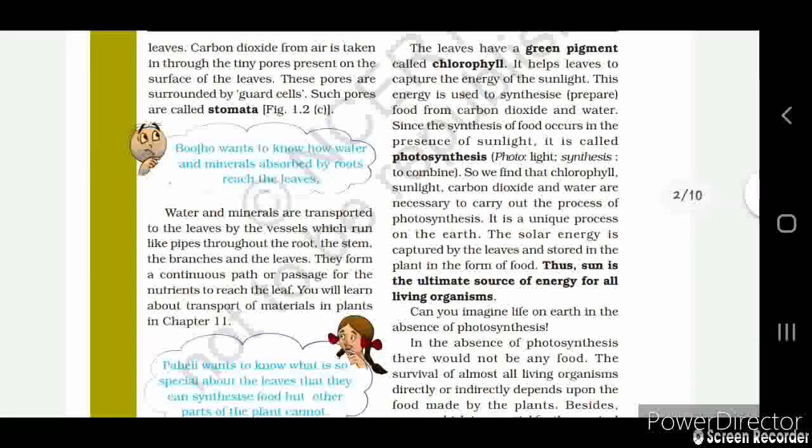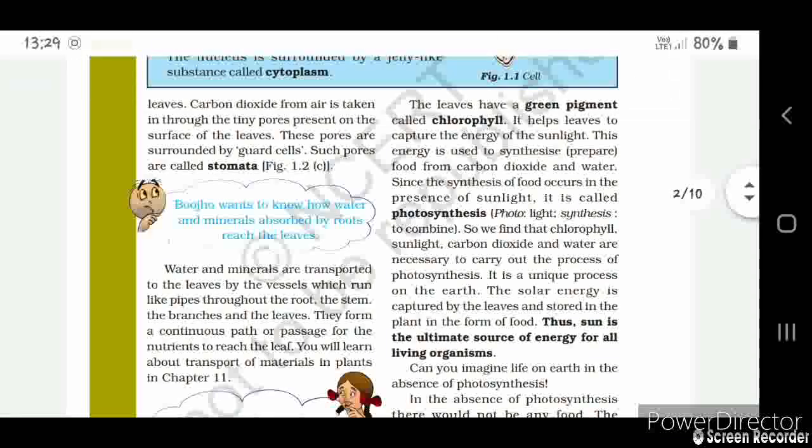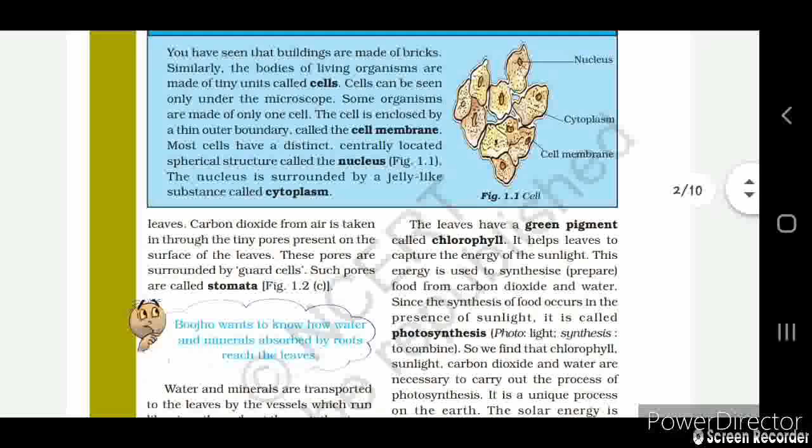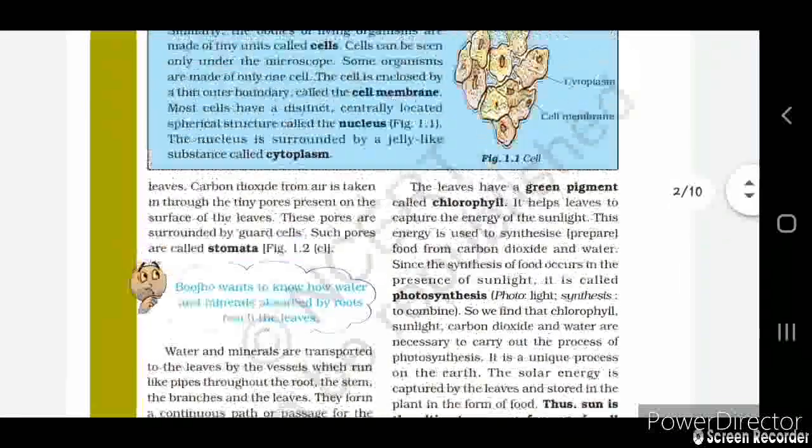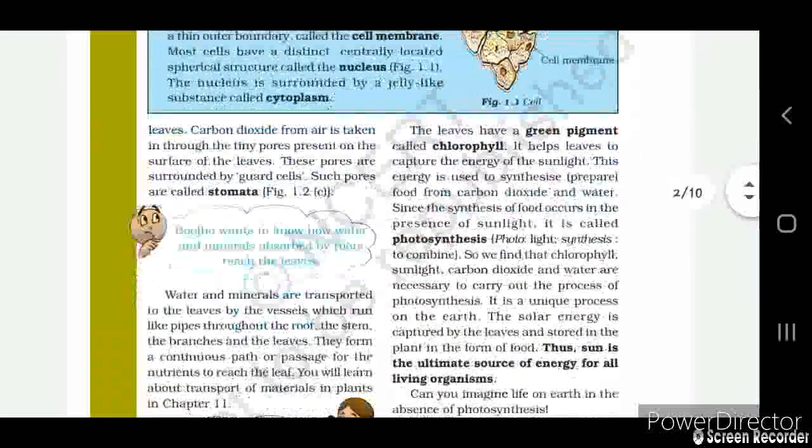And then carbon dioxide from the air is taken in through the stomatal pores present on the surface of the leaves. These pores are surrounded by guard cells and are called stomata, and they take in the carbon dioxide present in the surrounding air.